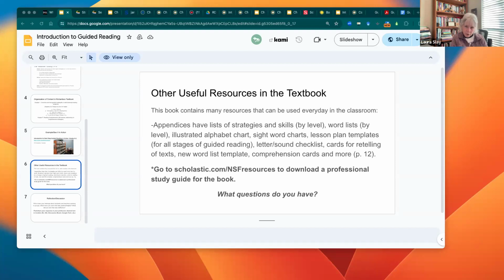I met lots of readers in middle school, where I taught for many years, who can read the words. That doesn't mean that they can understand them. So there has to be a balance between that ability to decode and that ability to comprehend and make meaning of their text. So they need to have both.